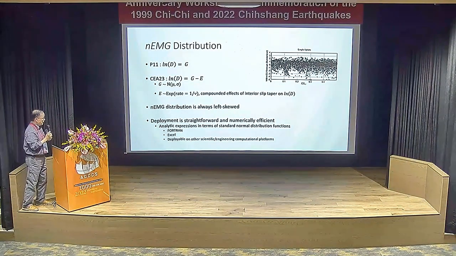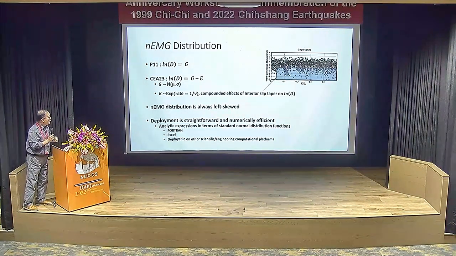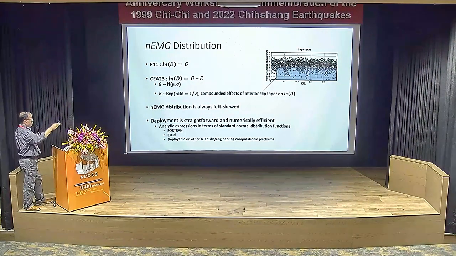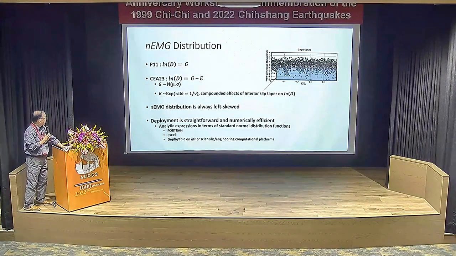And it represents the compound effects of the interior taper. So with this term, it will effectively pick up all the low value or the negative residual in this domain, and that couldn't be modeled by just simply a Gaussian distribution.